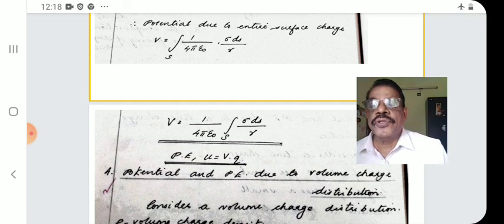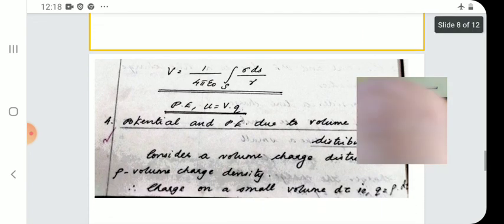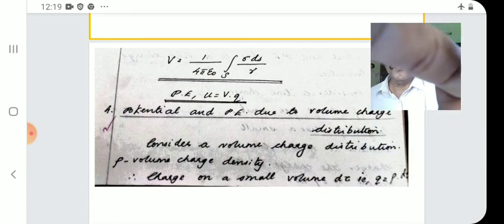V is 1/4 pi epsilon 0 integral over S sigma ds by r. Therefore, potential energy U is equal to V into Q. Potential energy we always calculate by the equation U is V into Q.